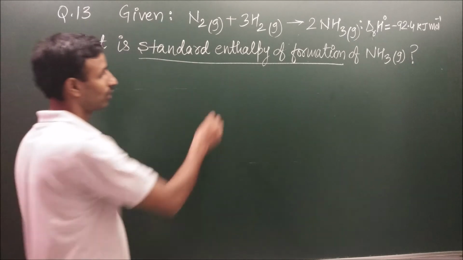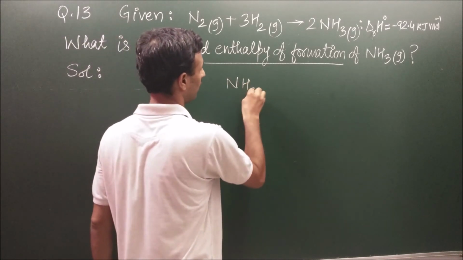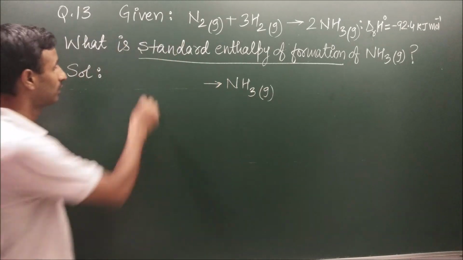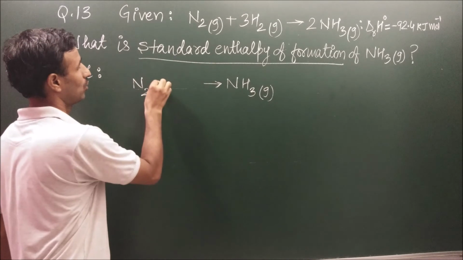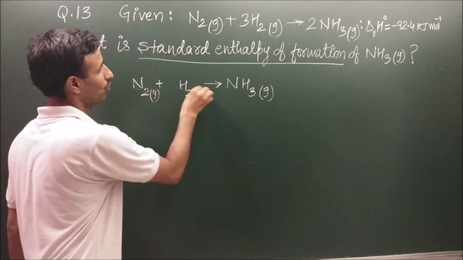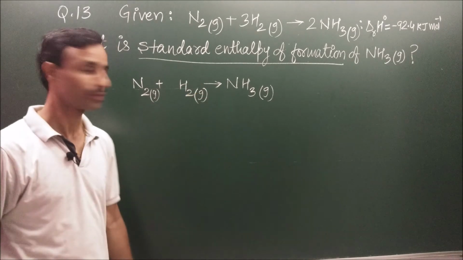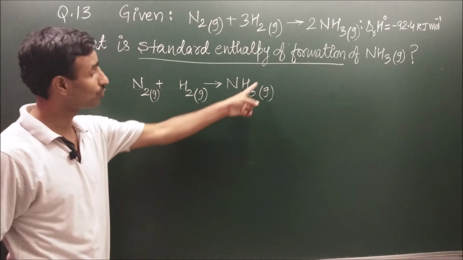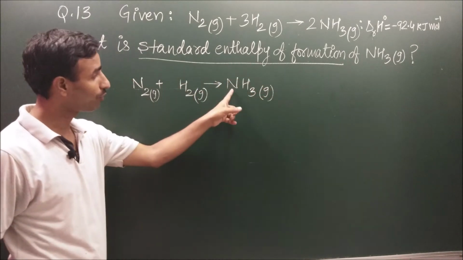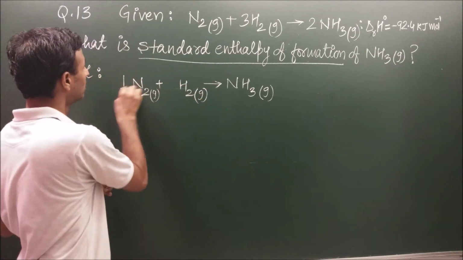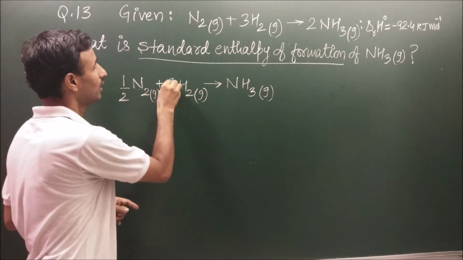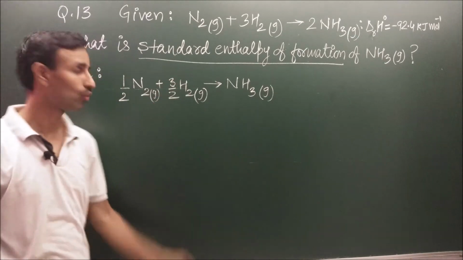So it means ammonia gas. To prepare 1 mole of ammonia gas, the two elements are N2 gas and H2 gas. And to balance it, because we should form 1 mole of ammonia, to prepare 1 mole of ammonia, N2 required is half mole and H2 required is 3/2 moles.